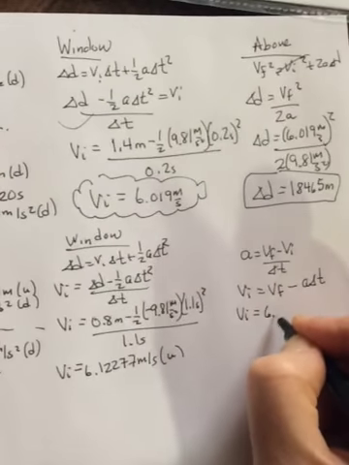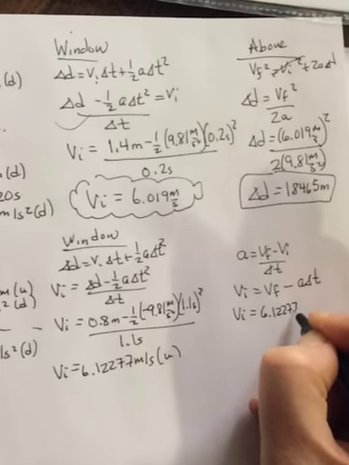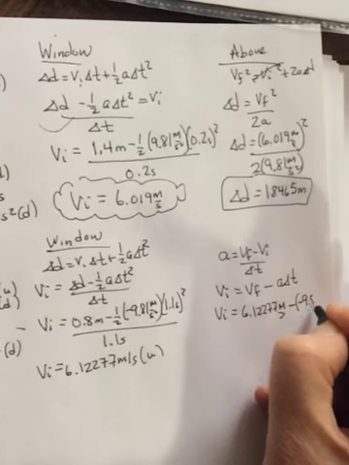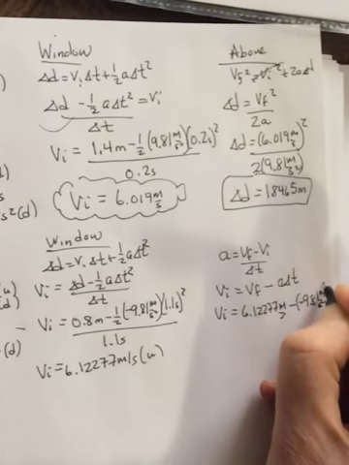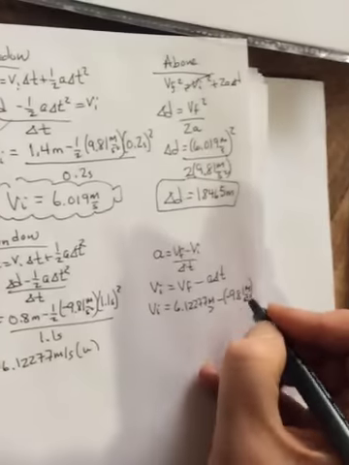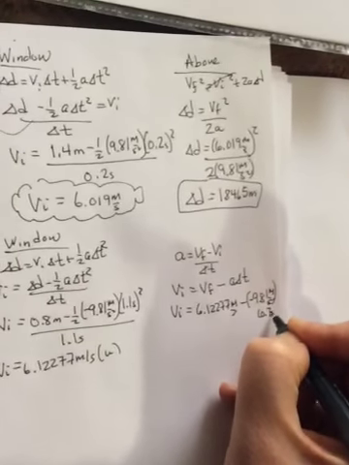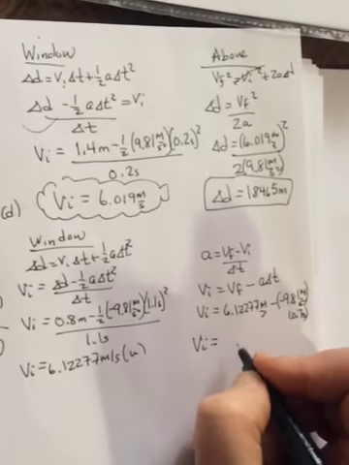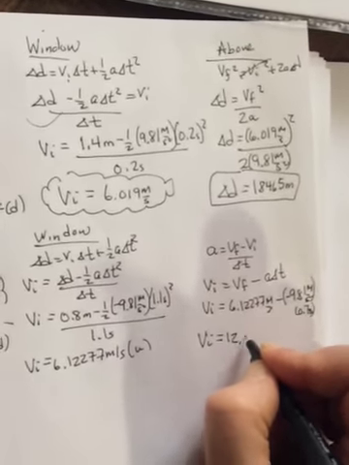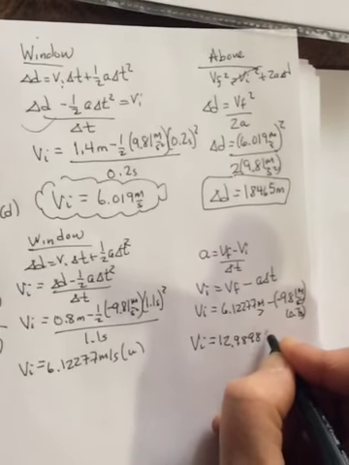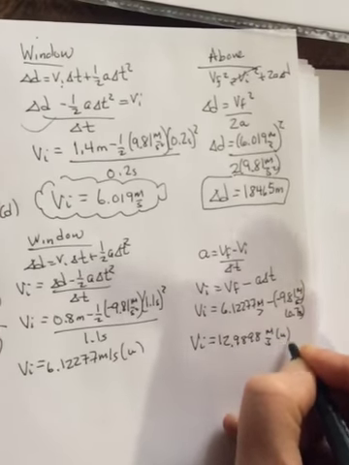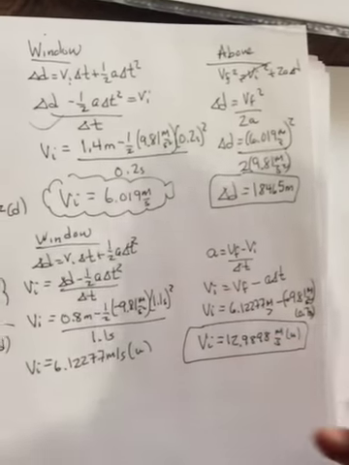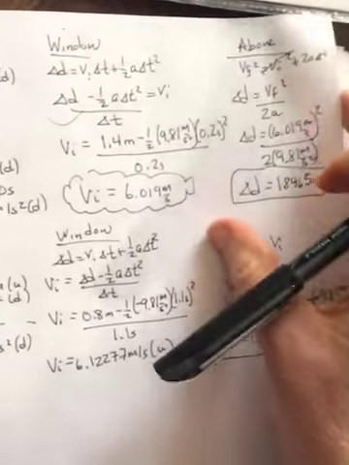So it's 6.12277 meters per second minus negative 9.81 meters per second squared, and the time for this section was 0.7 of a second. And you will get a VI of 12.9898 meters per second. Works out to be positive because these two negatives become positive. So that means up. Okay, so that's number 7.